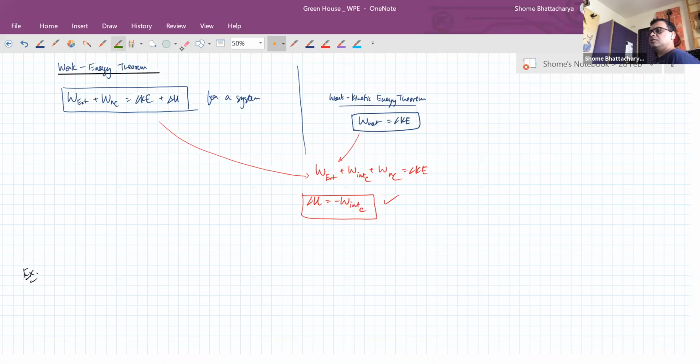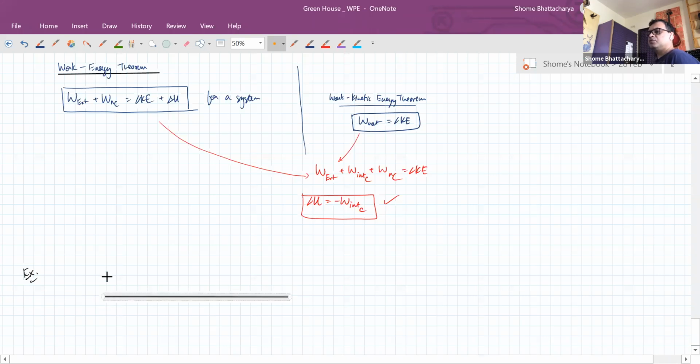For example, let's take a situation where we have some conservative force as well as some non-conservative force as well as some external force. So take this system as an example.